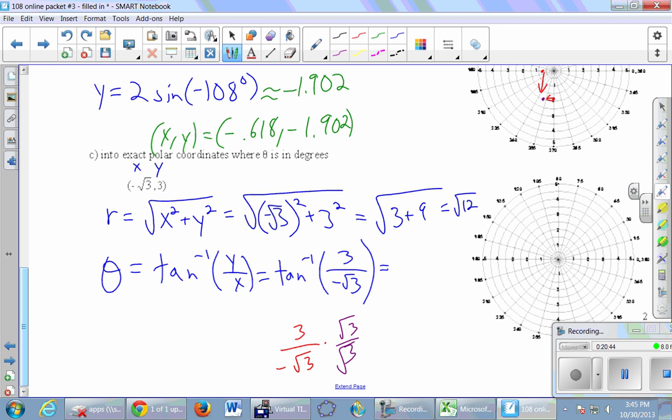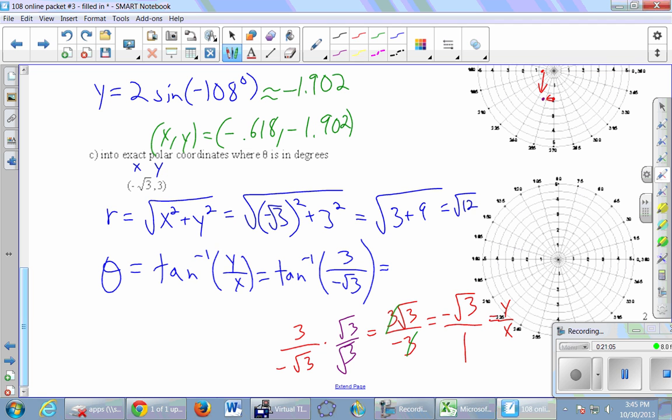So on the bottom, we just get negative 3, and on the top, I'll just write 3 root 3, and then we cancel. And the whole thing simplifies to just negative root 3 over 1. I'll put the 1 in there just because I know that it's a tangent, and tangent on my unit circle comes from y divided by x.